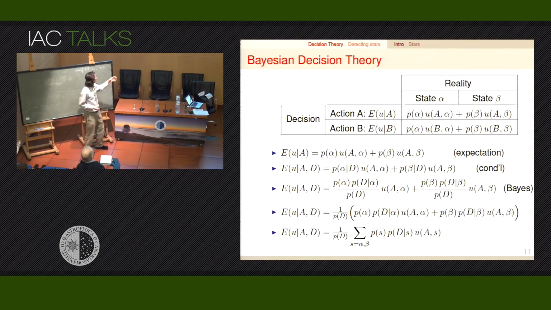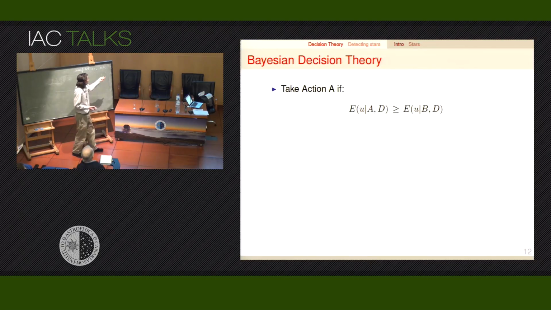And you have to compute that for action A, and you do the same thing for action B. Right, so it's actually really straightforward. It's just a really nice little formulation. And then essentially you take action A if that has the best expected utility of all the possible actions.